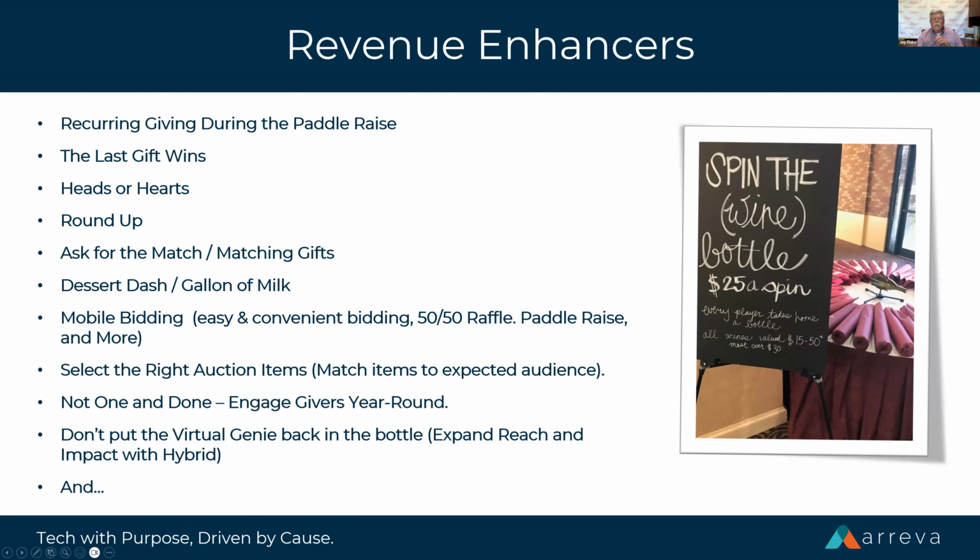So the first one was Shelley's. Oh, good. Well, recurring giving is my favorite of all favorites. So many organizations have recurring donation programs, right? But most of them do not get as much traction as they would prefer.